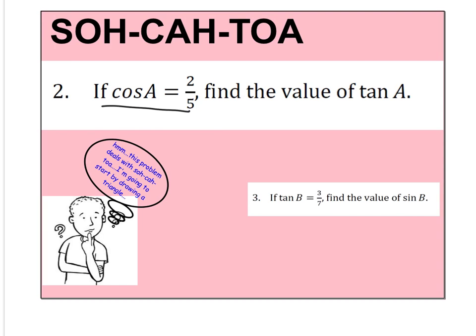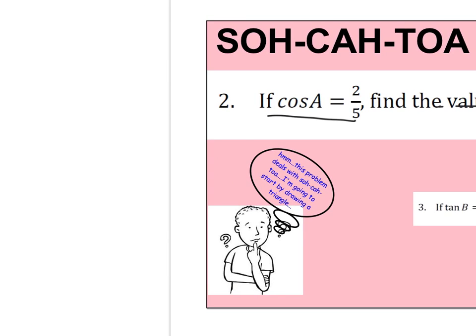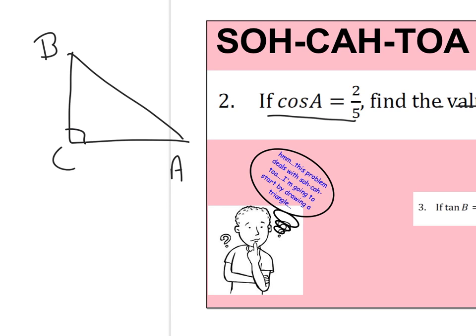If the cosine of A is 2 over 5, figure out what the tan of A would be. Start by drawing a triangle. I've got a right triangle. We'll call this A, this B, this C. Cosine of A is 2 over 5, and cosine means adjacent over hypotenuse, so that's 2 over 5.